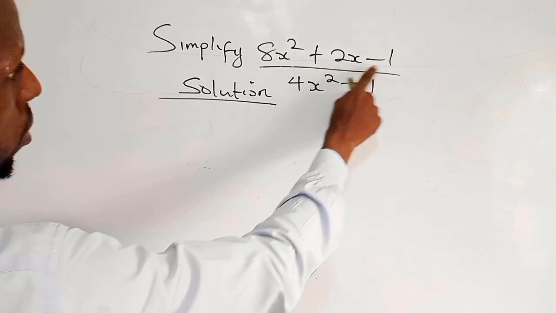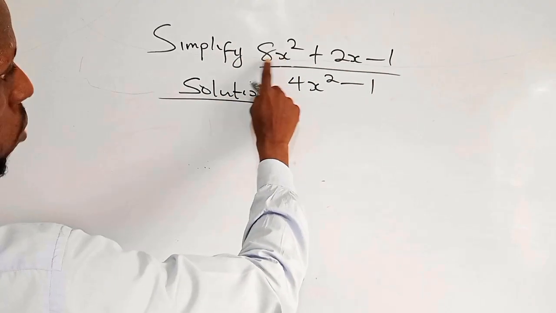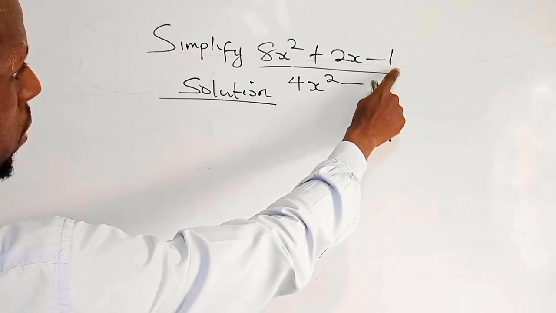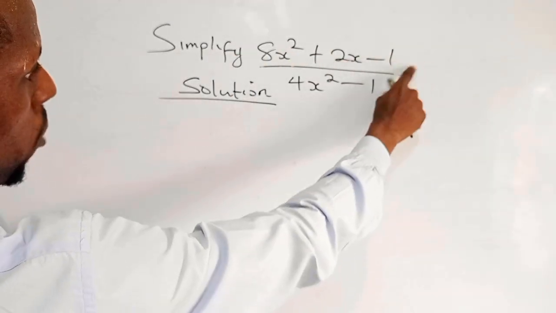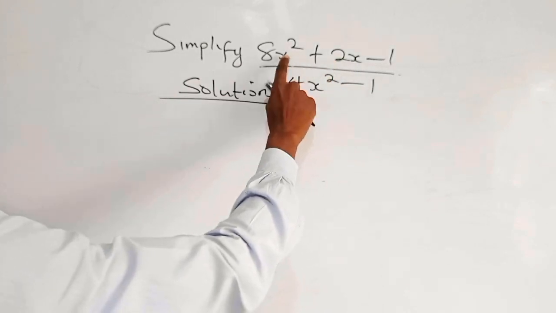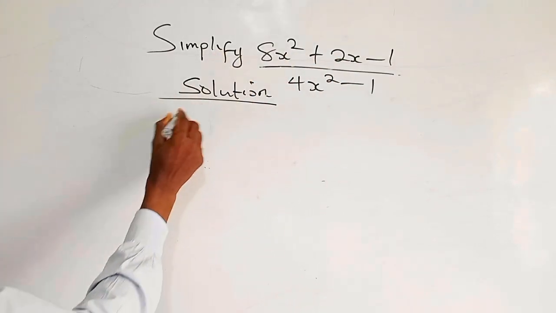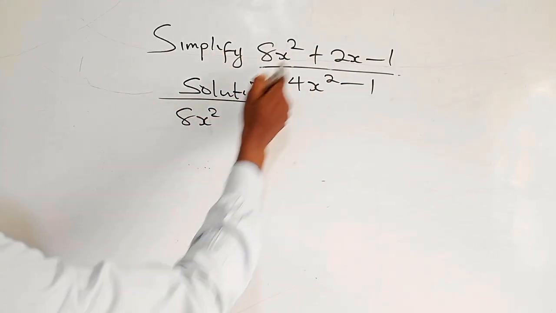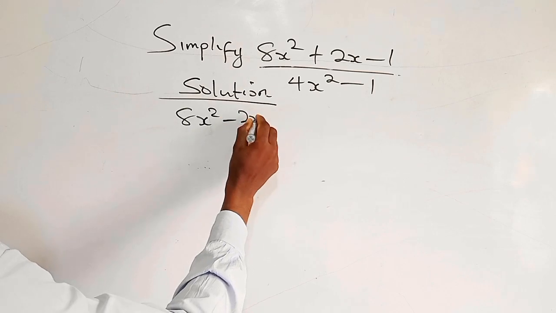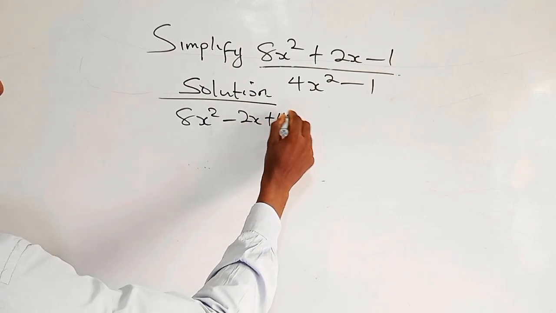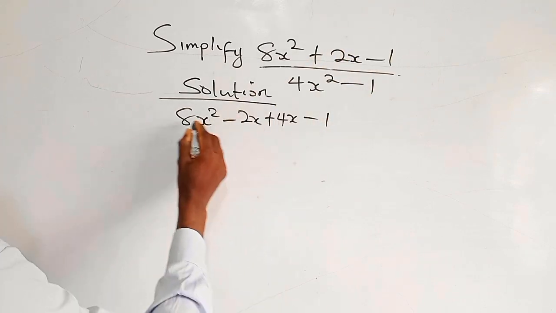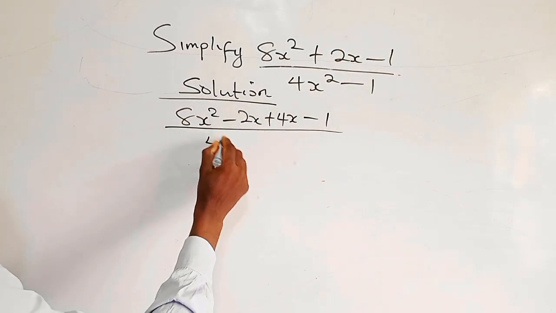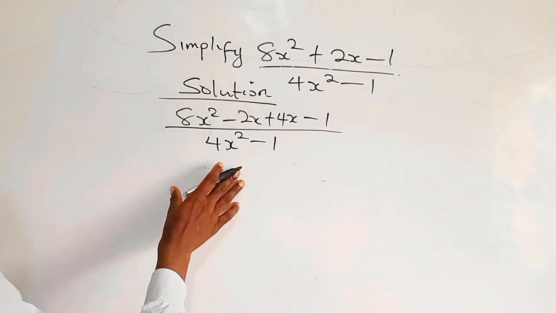The coefficient of x squared is 8 and the constant here is minus 1, so 1 times 8 is 8. We can use 4 and 2 to factor this out. So here we have 8x squared minus 2x plus 4x minus 1 for the numerator, divided by 4x squared minus 1.